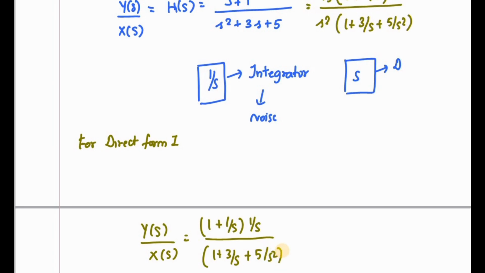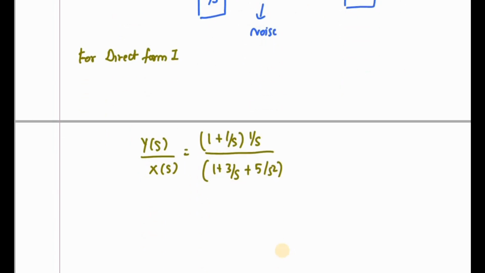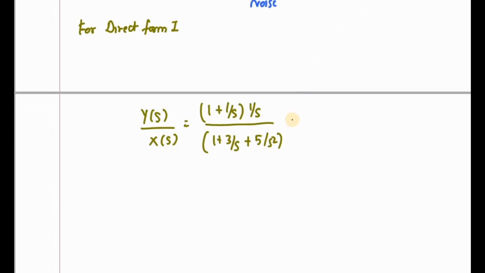Here you can see I can write it as 1 by s plus 1 divided by s square, divided by 1 plus 3 by s plus 5 divided by s square.